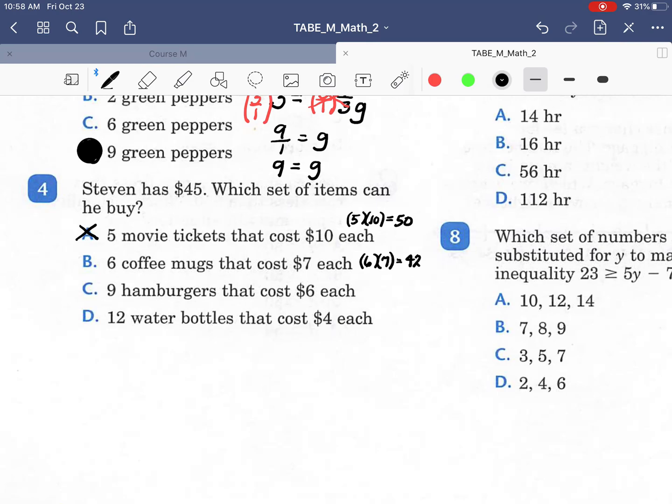He could afford those. 9 hamburgers that each cost $6. He could not afford that. Or 12 water bottles that cost $4 each. I think he could afford to buy the coffee mugs, and he would still have $3 left over.